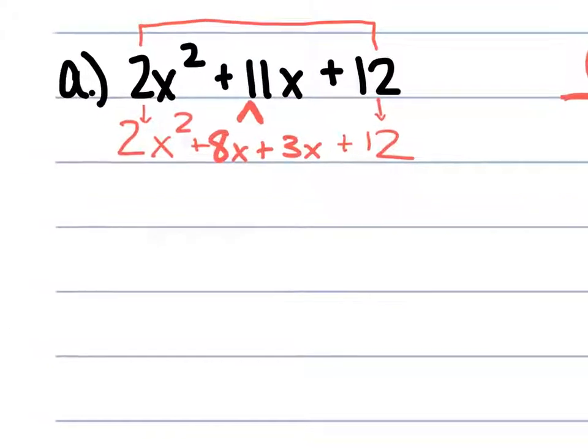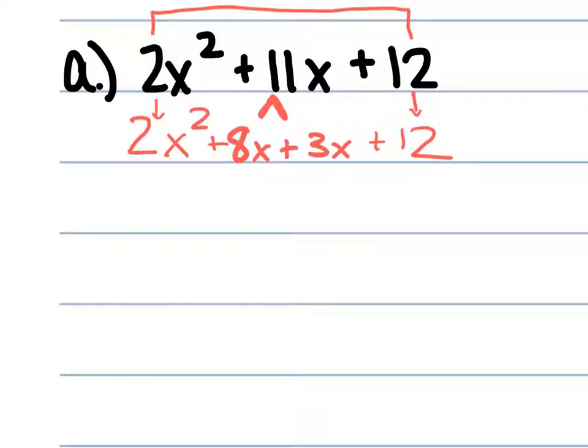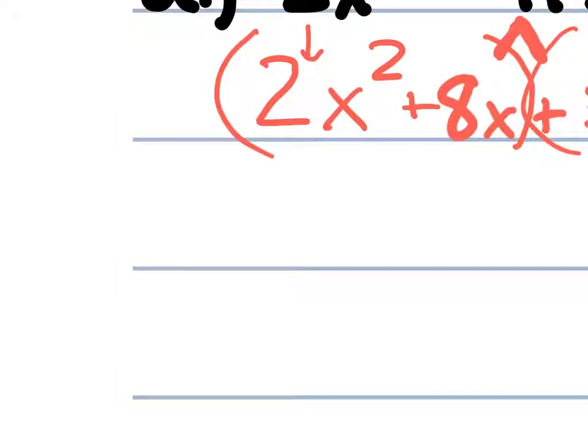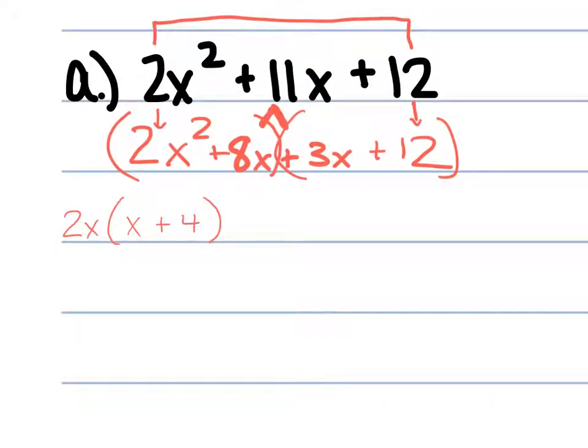So here's what I'm going to do, now I'm going to group them. What do 2x squared and 8x both have in common? 2x. I pull out a 2x, and what's left inside? X plus 4. I'm going to do the same thing for the other one. What do 3x and 12 have in common? 3, a positive 3.